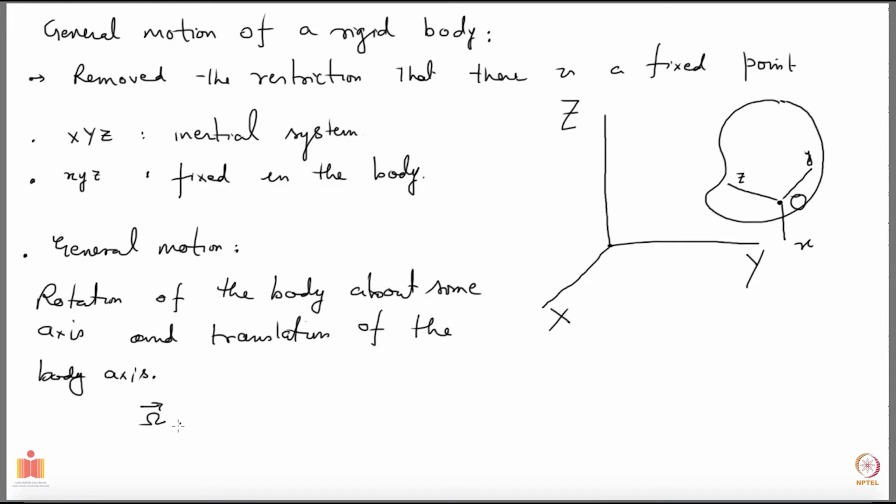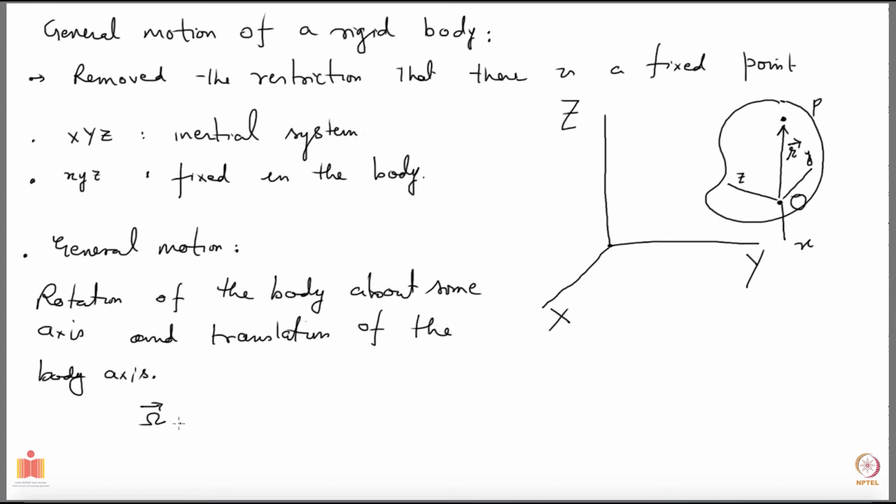Now if I look at some point P here, let me say that from the origin it has a radial vector r, and this vector r is in the body system. It is rigidly attached in the body. But this point is going to move around with the body because of the motion of the entire system, because it's going to rotate and translate also.